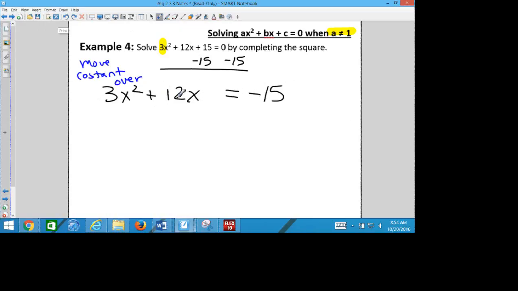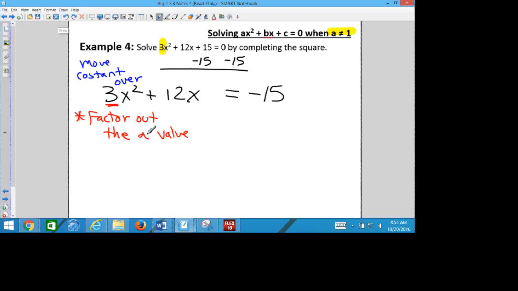After we remove the constant, we have an extra step. We have to factor out the a value. That's using the distributive property, the undistributed property.